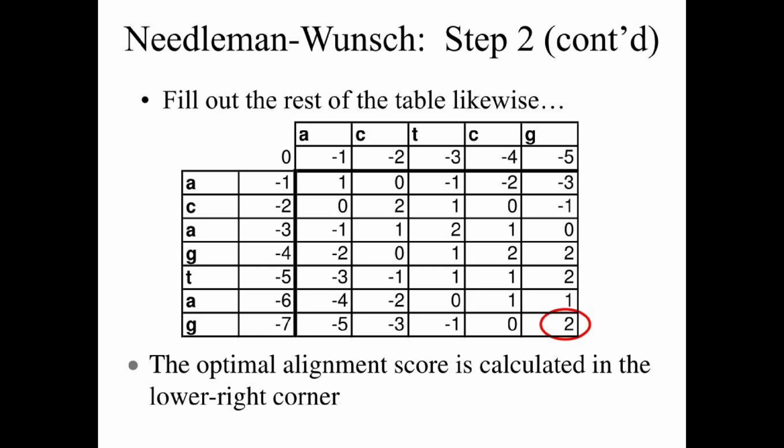The third column, third row, it is -1, then 1 and 2 and 1, 0. Likewise we keep on adding, and we get the optimal alignment score calculated at the lowest right corner. From that we start moving back.